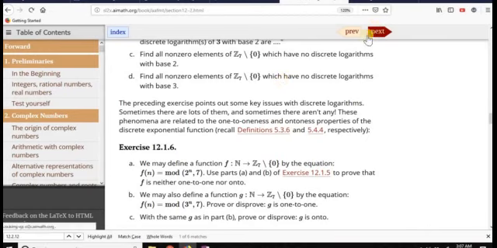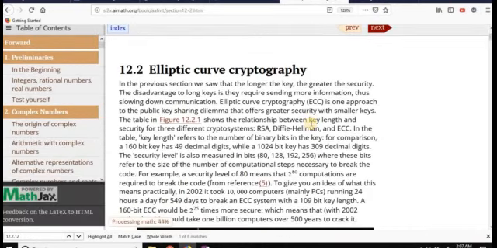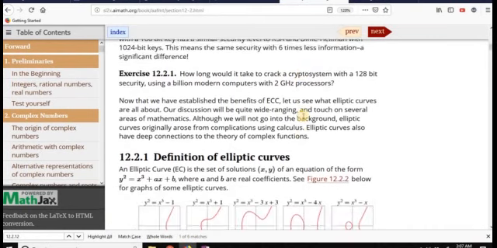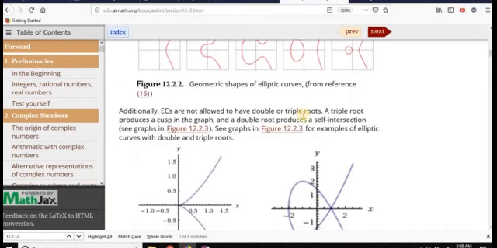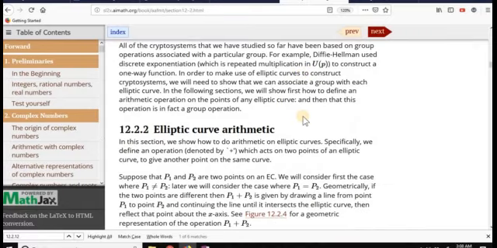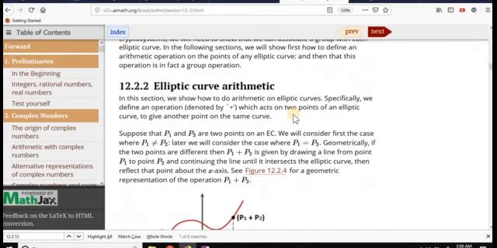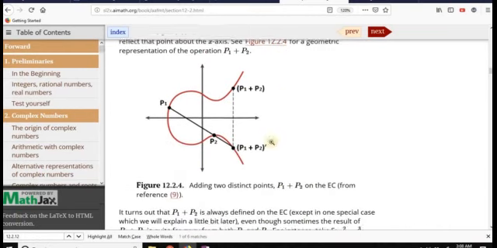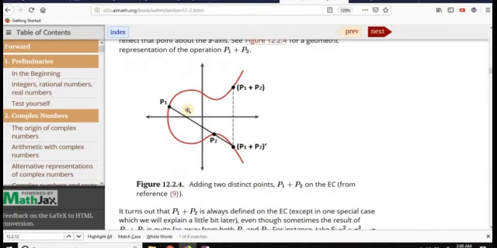So let's take a look here then at the cryptography. Elliptic curve. All right. So what you're doing here is you're defining a group based on these curves, and the points on the curves are the group elements. The group operation is this geometrical construction.